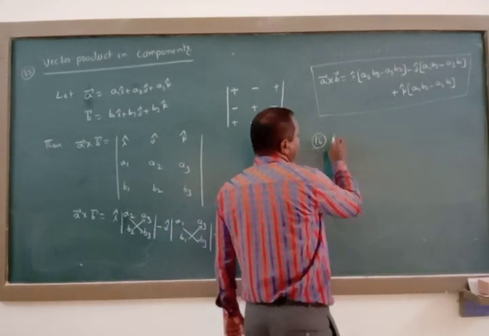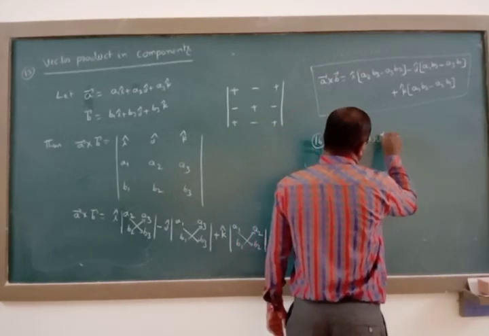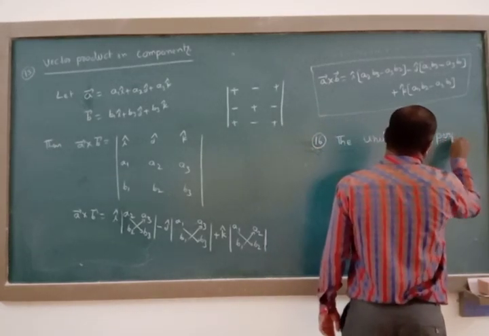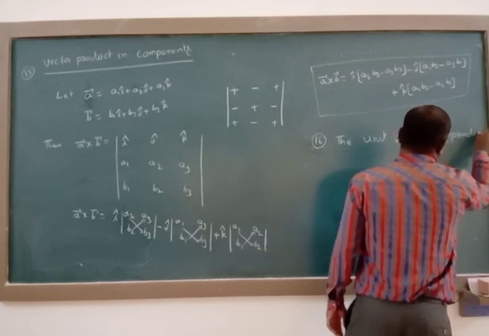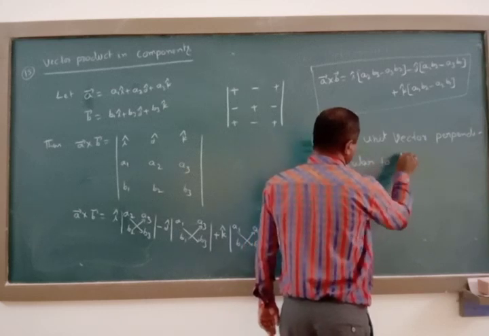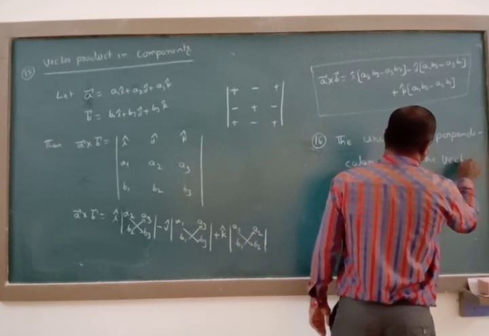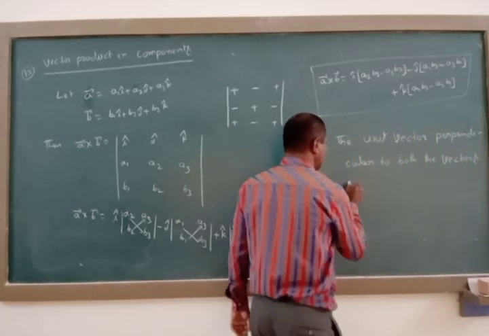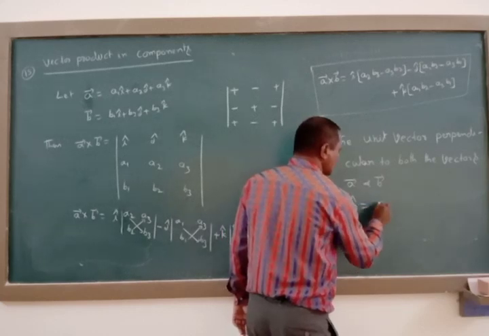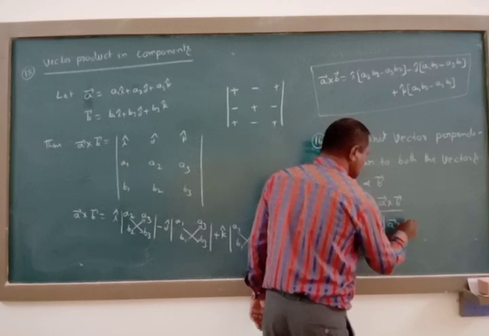The unit vector perpendicular to both the vectors a bar and b bar is given by n cap is equal to a bar cross b bar whole divided by magnitude of a bar cross b bar.